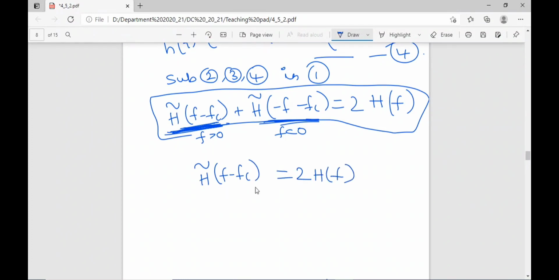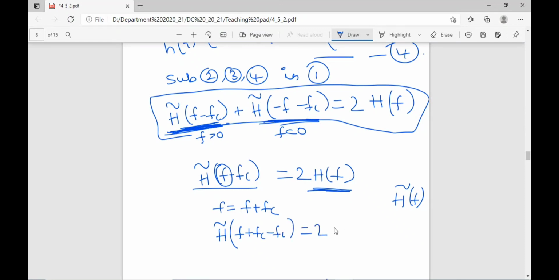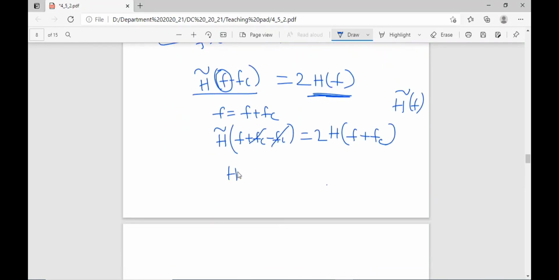From this I can say that if I know h of f, I can find h tilt of f minus fc. But what we want is h tilt of f. In order to get that, I'll make a small change: in place of f on both sides, I'll replace f with f plus fc. Then it will be h tilt of f plus fc minus fc, which is equal to 2 times h of f plus fc. This fc and this fc will get cancelled, and finally I'll have h tilt of f.